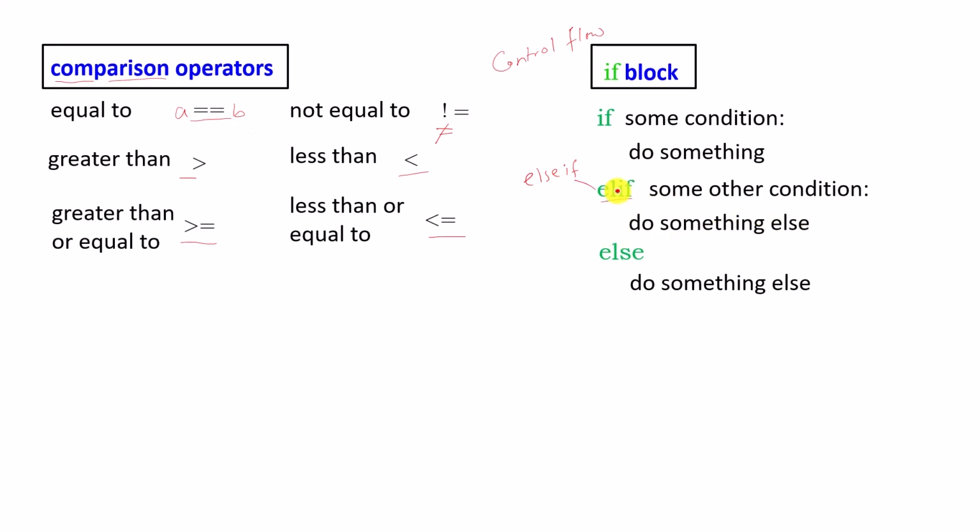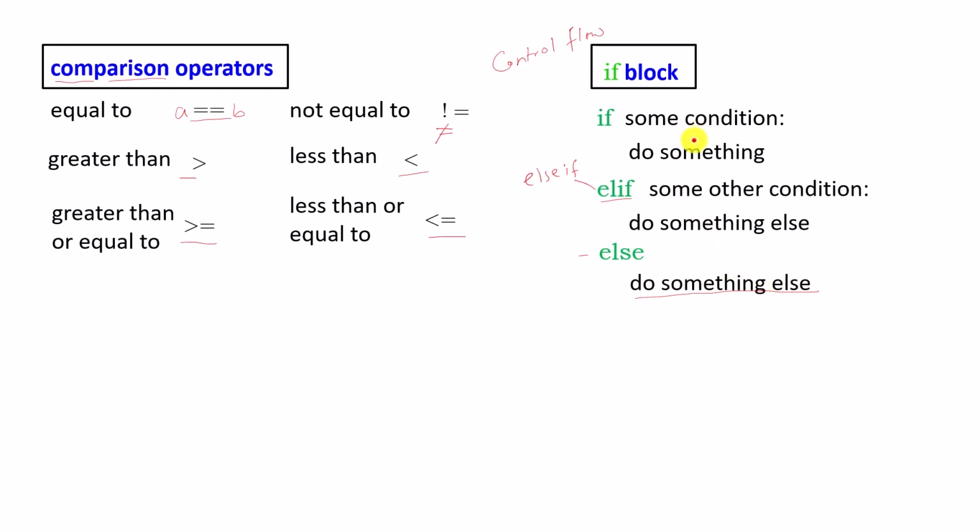There may be several else here, and when if is not satisfied, none of these else are satisfied, then my program will enter in else, and whatever is written here to execute within that else, program will execute that.